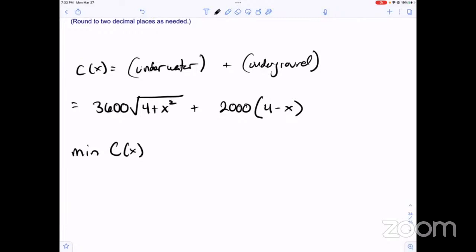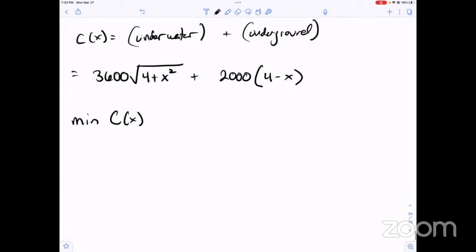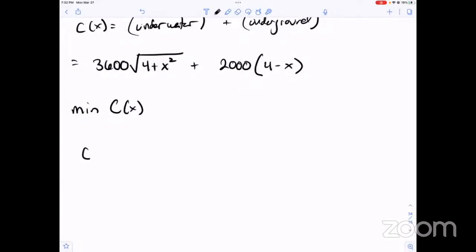All right, so then C prime. The 1/2 comes down, what is it, 1,800? You're going to have this 4 plus X squared to the power of negative 1/2, and then times 2X. That's the first term.